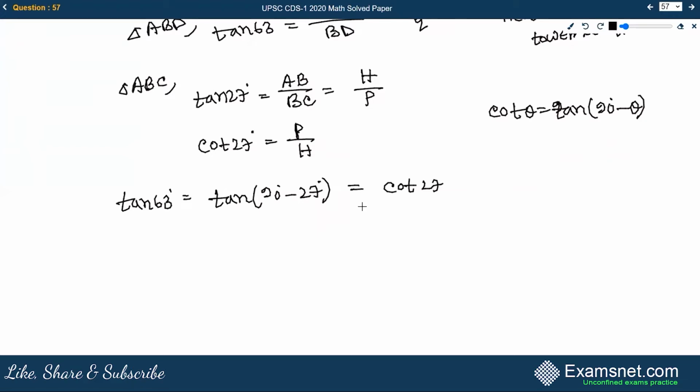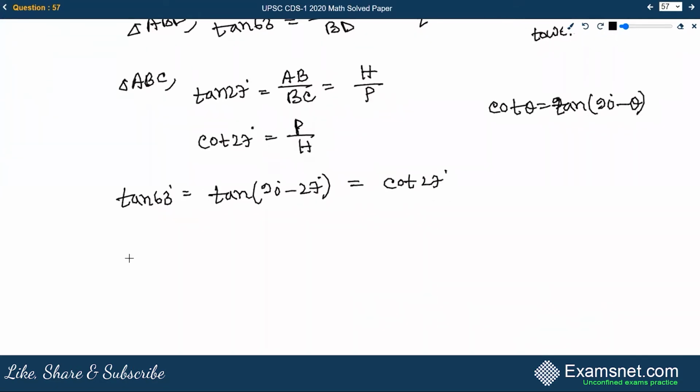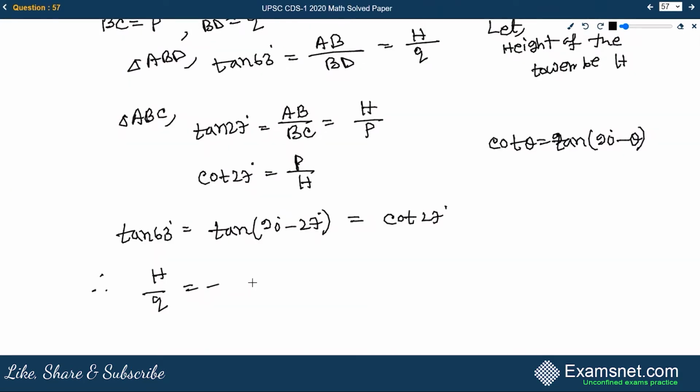So from here, this is cot 27°. So we know tan 63° is H by Q. Let's put here P by H.